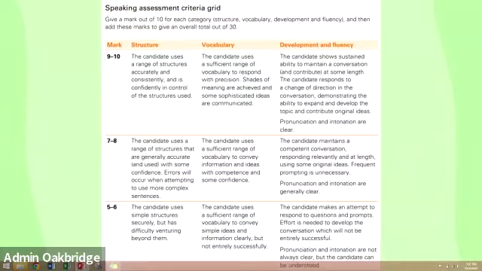And then for development and fluency, you must show sustained ability to maintain the conversation with your examiner, and you must respond to a change of direction. Every time the examiner asks you a question, you must be able to answer them. So you must have the ability to expand and develop the topic and contribute some original ideas.